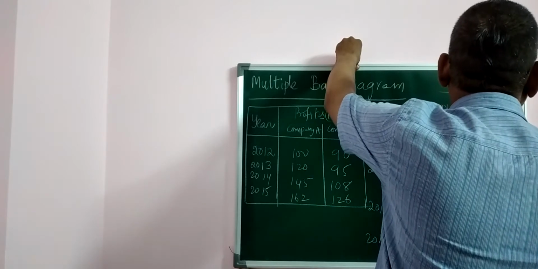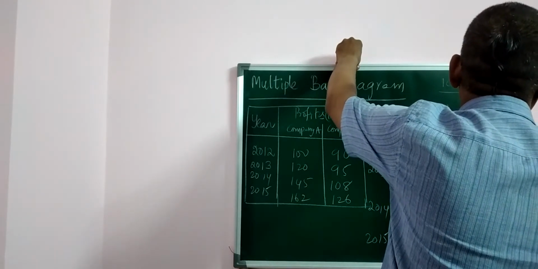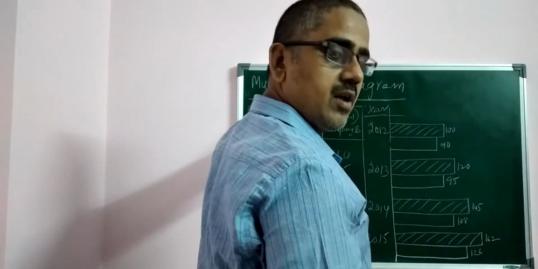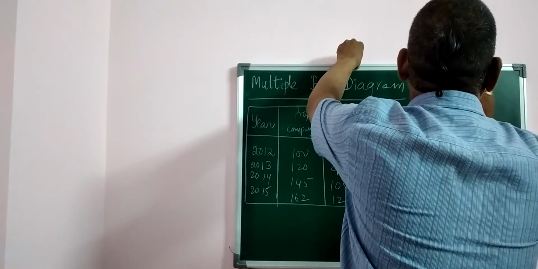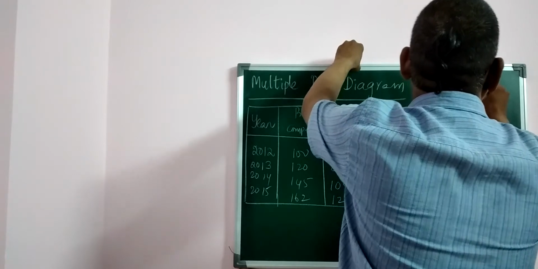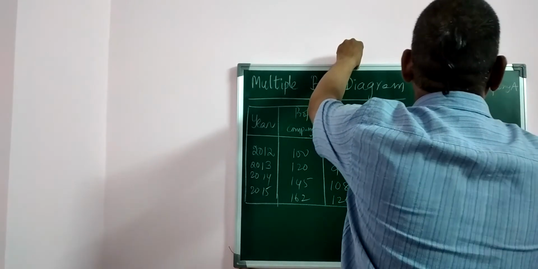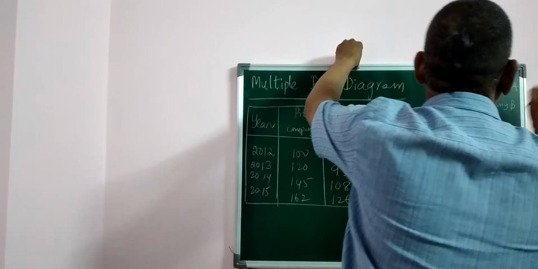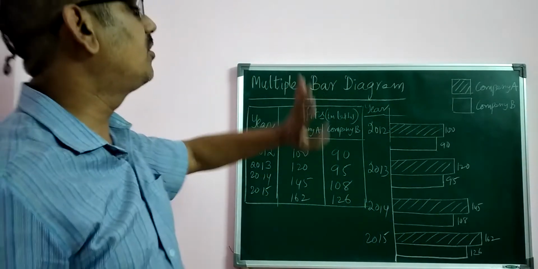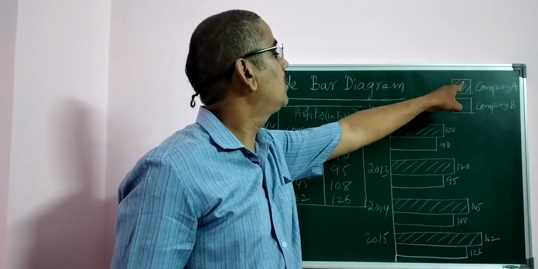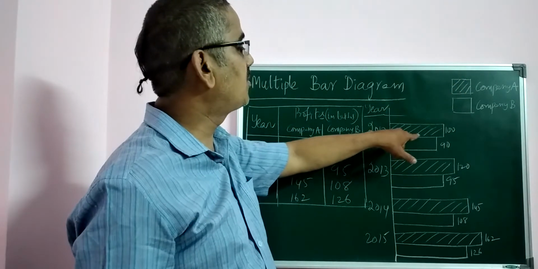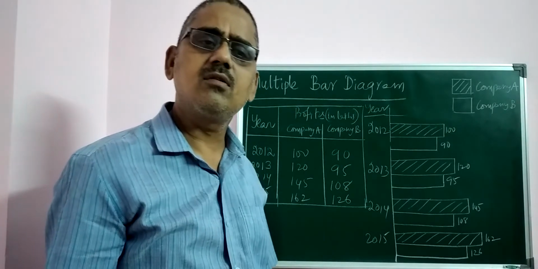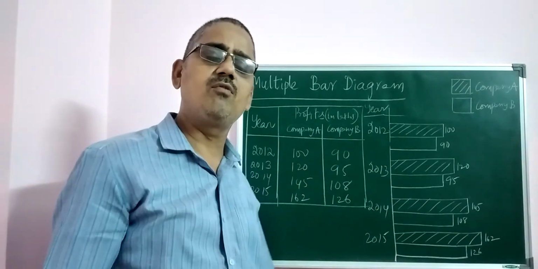The bar with diagonal lines is for company A, and the empty bar is for company B. Or we can draw any kind of lines, points or dots to represent it.